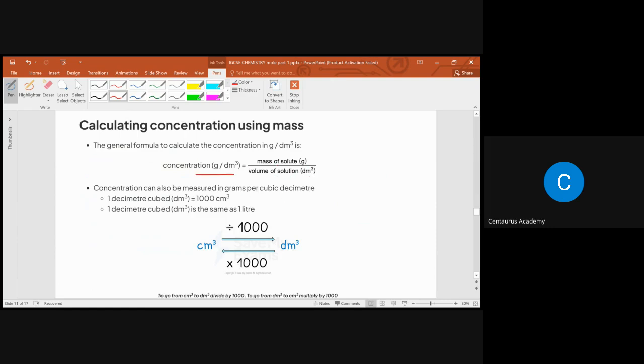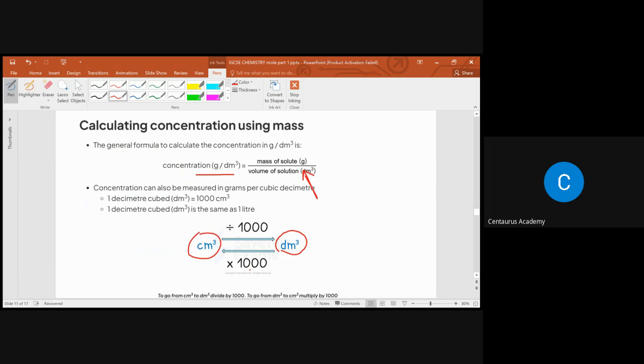Now, as we've discussed, concentration is mass upon volume, which is grams per decimeter cube. And the volume given to you could be in centimeter cube. If it is in centimeter cube, then you have to convert it into decimeter cube. Centimeter cube is a smaller unit; decimeter cube is a bigger unit. So you divide by 1,000. So 1 decimeter cube is equivalent to 1,000 centimeter cube. Whereas if you have to convert decimeter cube into centimeter cube, you multiply by 1,000.